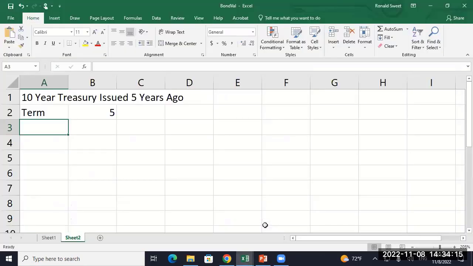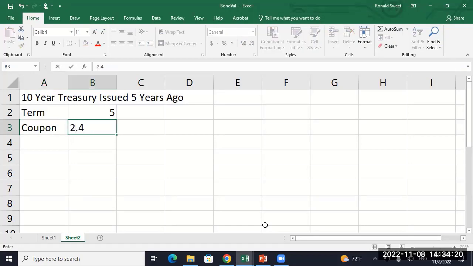So rates have done what since then? Now we're talking about the 10-year. The 10-year is higher today, but this is now 5 years. So it's the 5-year higher than 2.40. That's going to be the key.